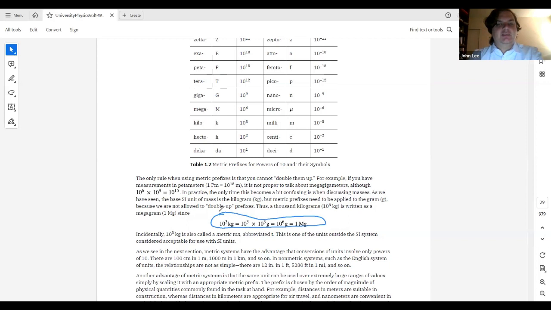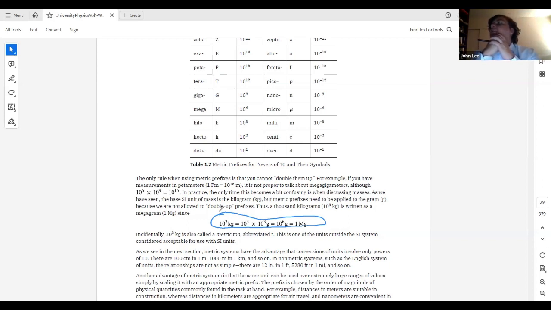So it's 10 to the 3rd times 10 to the 3rd grams, because each of the kilograms is going to be equal to 10 to the third grams, like I just said. So you're going to multiply the two of them to get 10 to the 6 grams.